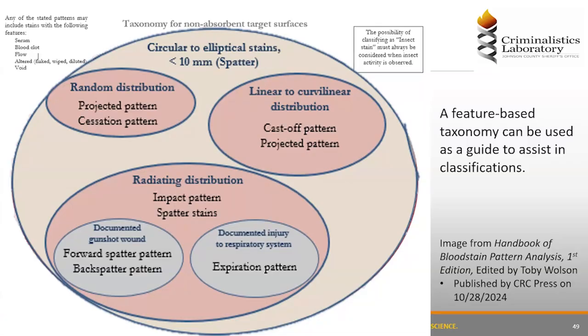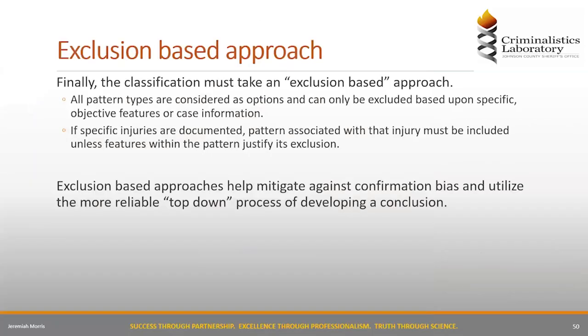And if something is in an oval, whether it's a small oval or within the larger parent oval, all of those patterns must be considered, unless you have specific case related information or features that you can use to exclude those. And this is the exclusion-based approach. All pattern types are considered as options and can only be excluded based on specific objective features or case information.